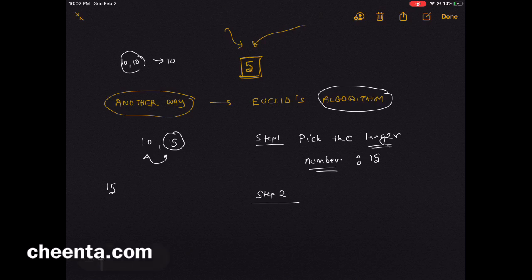So let's call this larger number L. We will think of this as a black box, or in this case a golden box. We will update the value of the number in the box in each successive step of the process. So right now in this golden box we have the number 15, which is the larger one.